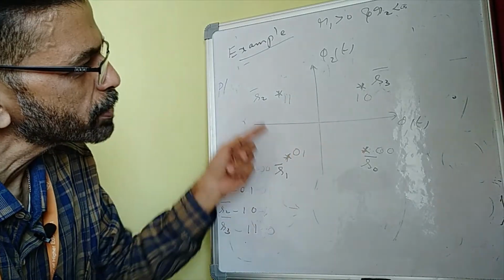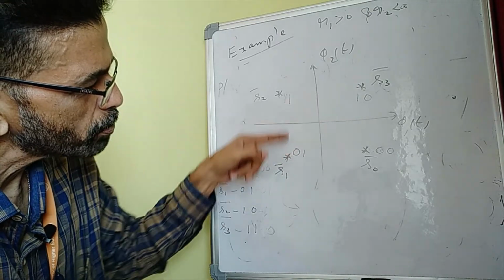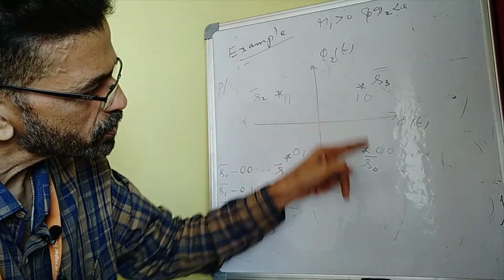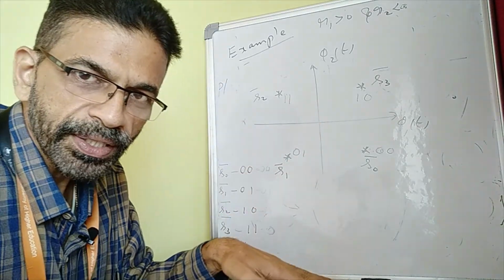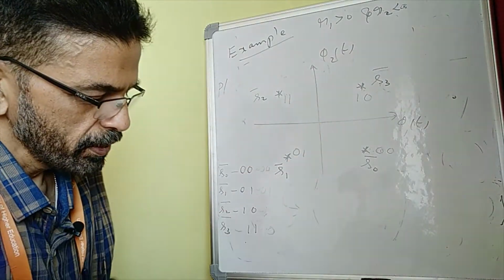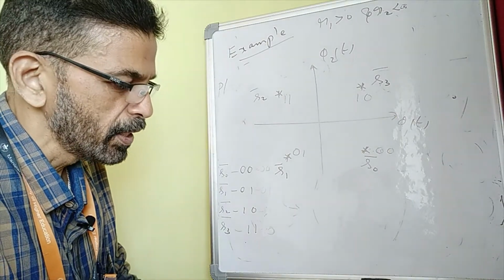So the example is over here. This is of a lesser probability, you lose 2 bits. This is more probable, you lose only 1 bit. So this way you can bring down the average bit error rate. So that's the point of this example.